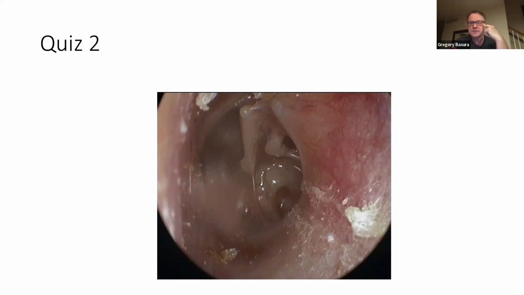Are they changing altitudes? Those types of things. So there's a lot going on, and be very specific about what you see in the drum. Do a really good exam with positive negative pressure pneumatoscopy. Characterize it: adhesive, atelectatic, plus or minus cholesteatoma. So there's a lot to unpack in these patients. Okay. But good stuff. Sorry, I don't want to keep you guys. I know you got stuff to get to, but good job, Peter.